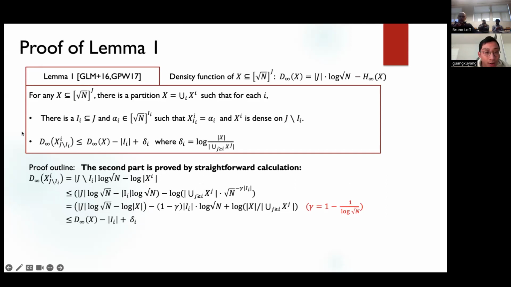We just pick the unfixed part and calculate the density function. The first equation is just a definition. In the second equation we do some change, we just modify this part. This is by the mean entropy condition.